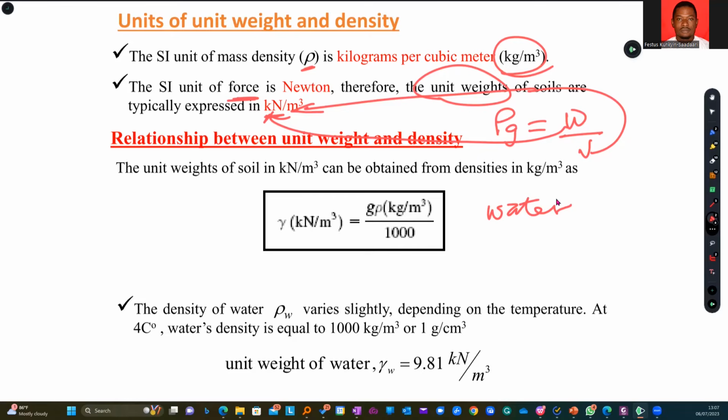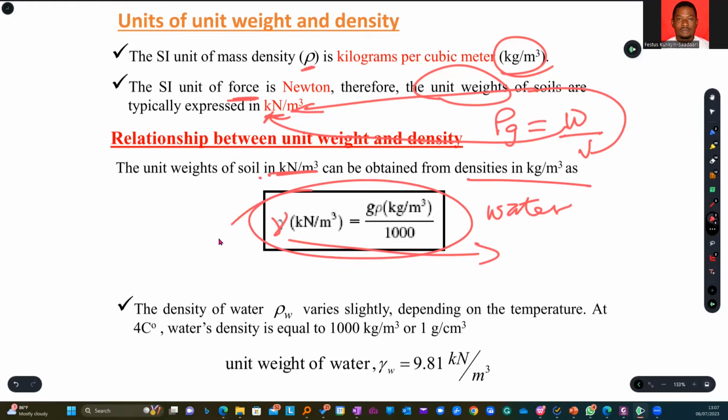For that reason, we want to compare some of these parameters with respect to water. So for example, if I have the unit weight of a material and I want to obtain its density, I can use this expression.